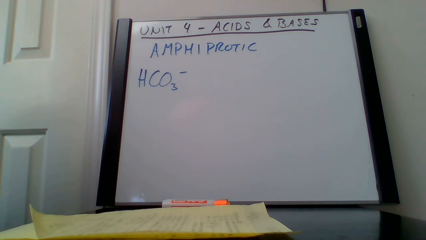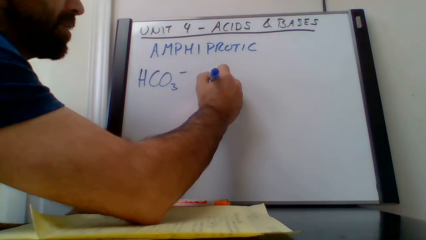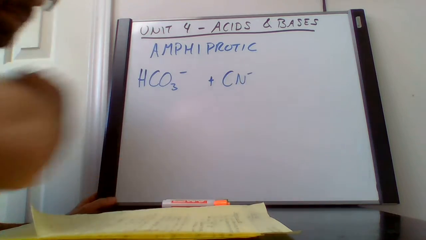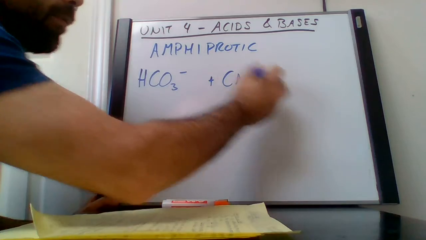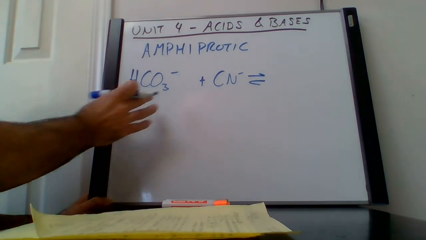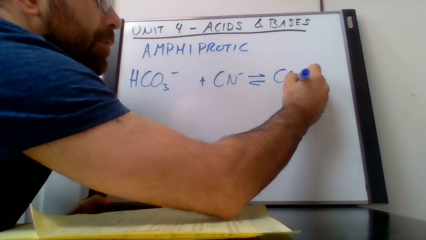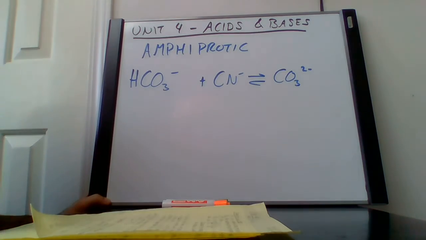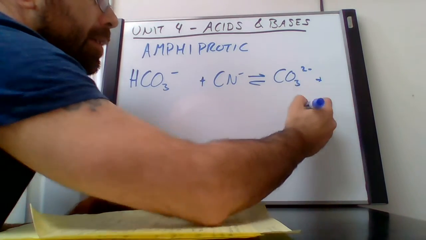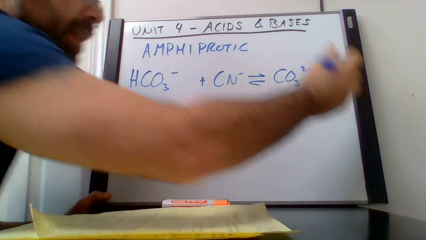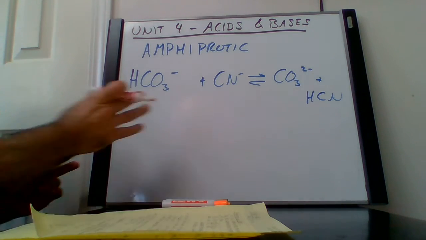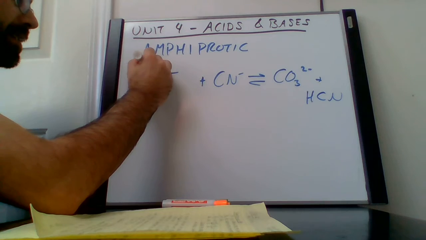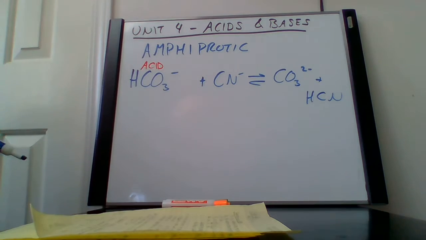If I combine this with, say, CN minus, we form an equilibrium with CO3 2 minus and HCN. In this situation, this HCO3 minus is acting as an acid. It's donating a proton to the CN minus.